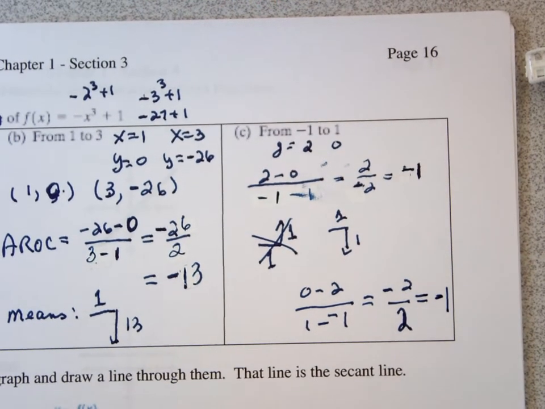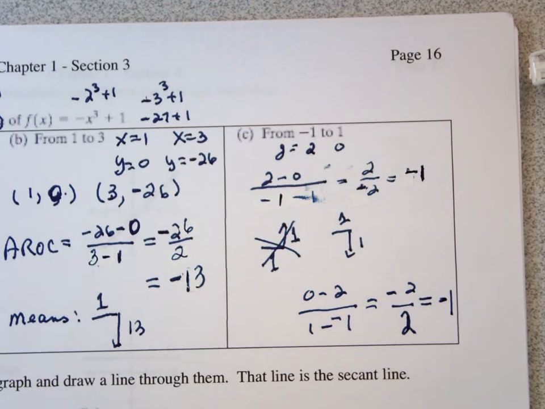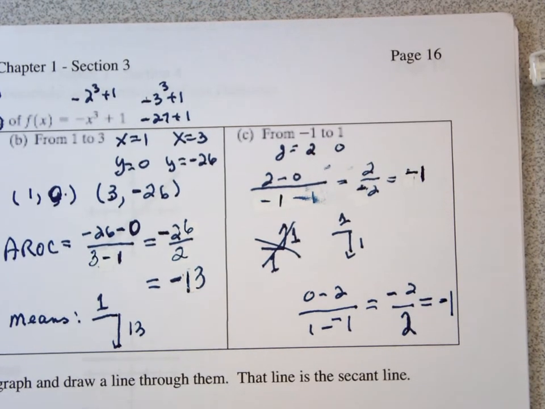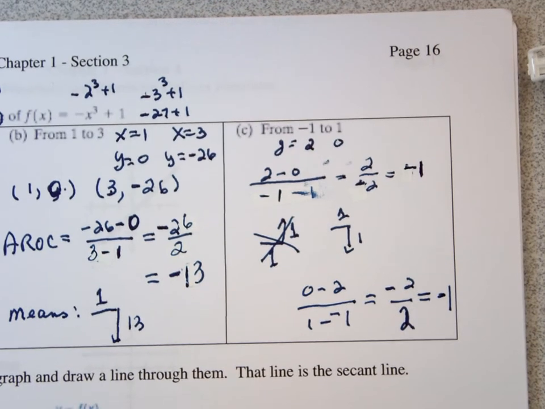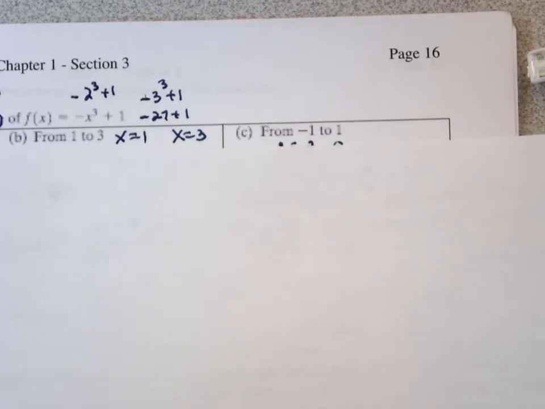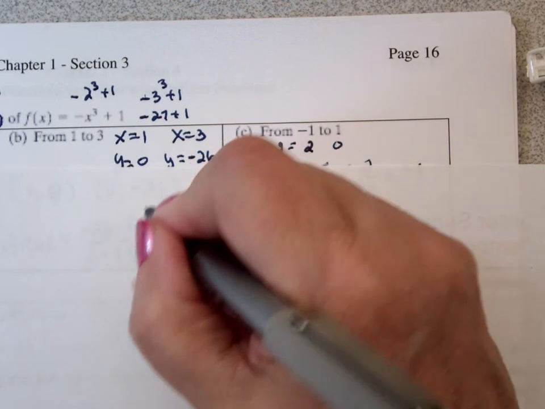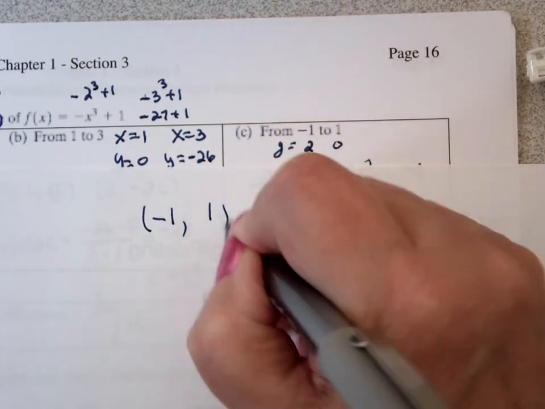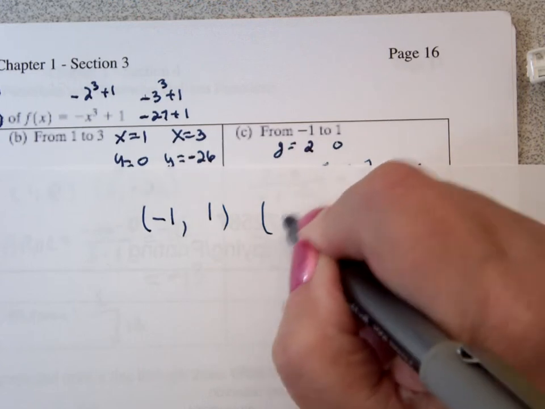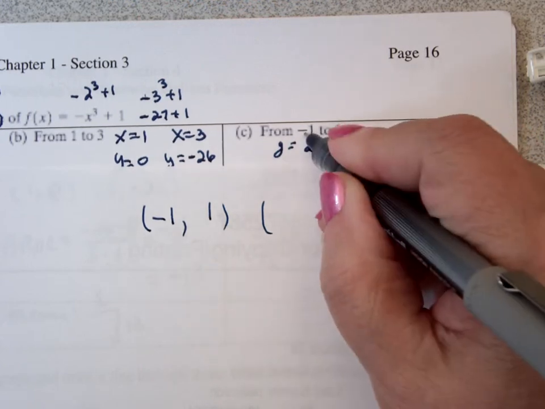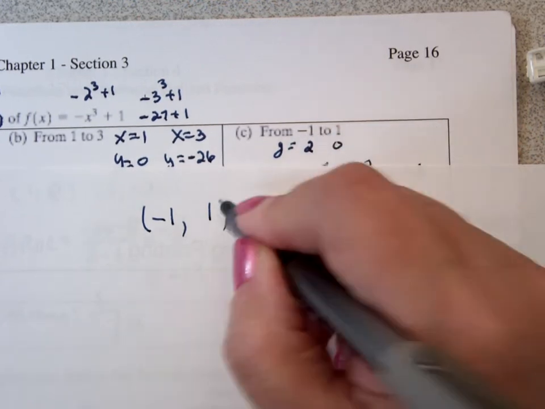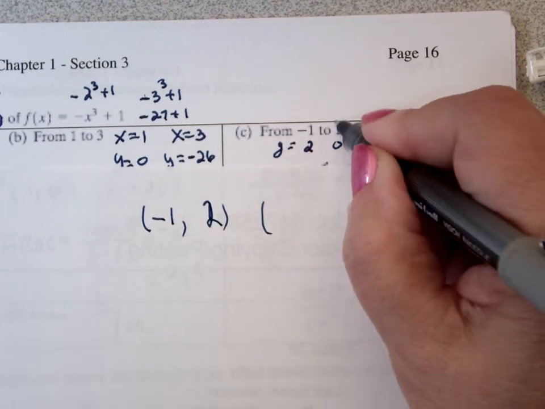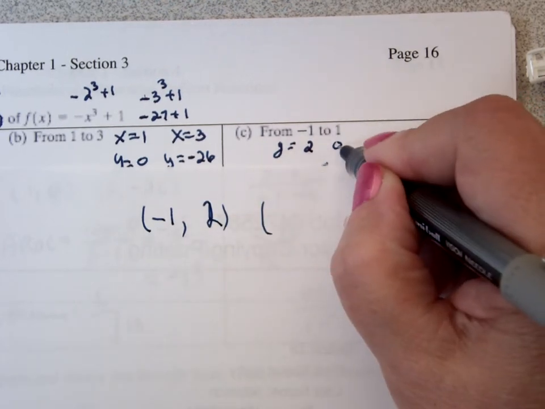It doesn't matter, as long as they're in the same order. But what I'm saying is this: 2 coordinate points are 2 coordinate points. My 2 coordinate points are negative 1, 1, and 1, 0.